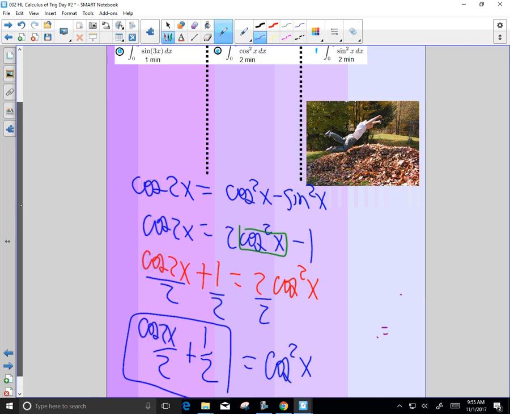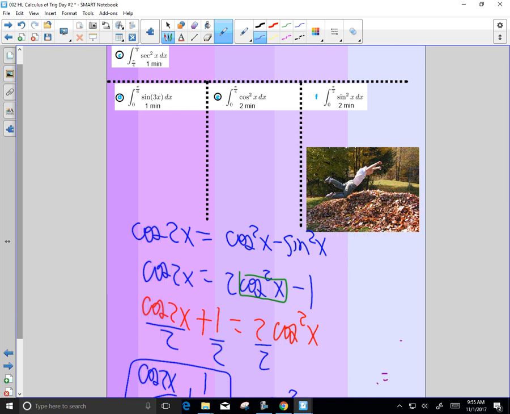So we're going to replace cosine squared x with cosine 2x over 2 plus 1/2 dx. And now I can split this into 2. I can make this cosine 2x with a 1/2 out here plus integral of 1/2 dx.